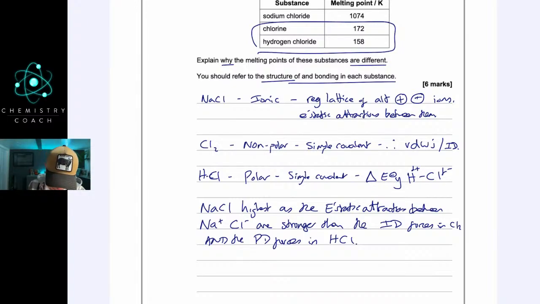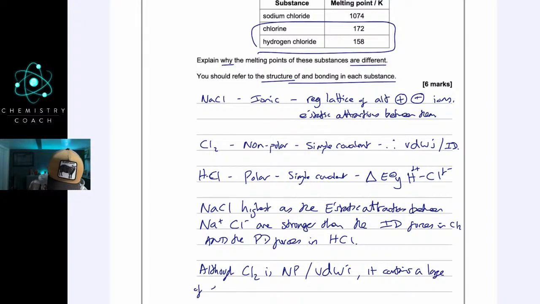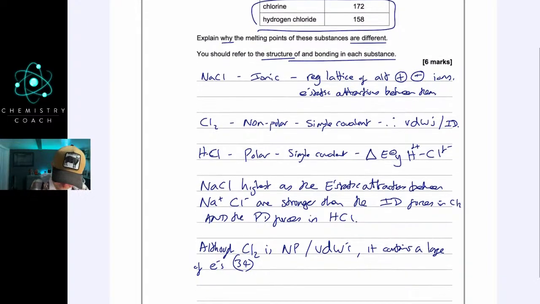This is where we need to say, although or despite the fact Cl2 is non-polar and has van der Waals forces between them, it contains a large number of electrons. Heck, you could even state the number of electrons it's got, because you know the atomic number of chlorine, which is 17, so you could say there's 34 in a chlorine molecule.